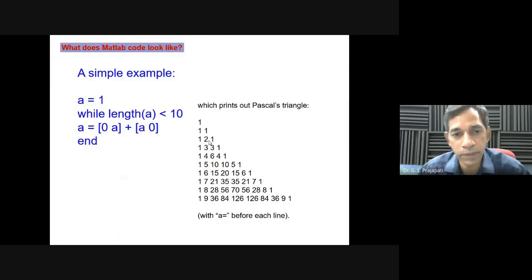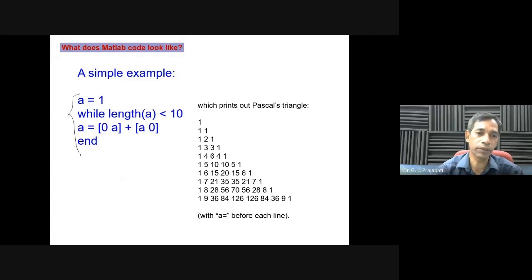See, this is one example that will let you know how simple it is to write a program in MATLAB as compared with other programming languages. It is very simple. Now see, a is what? You have not declared this variable.